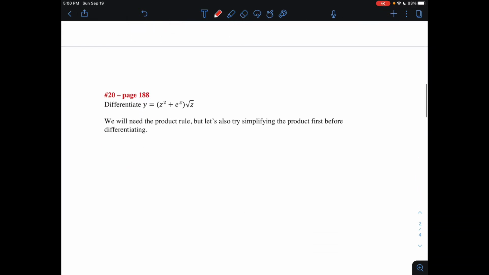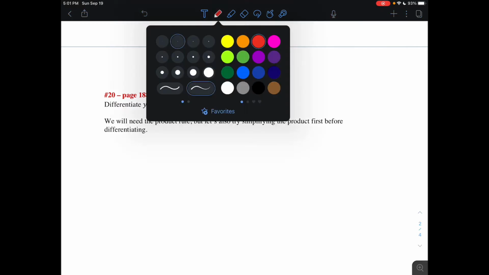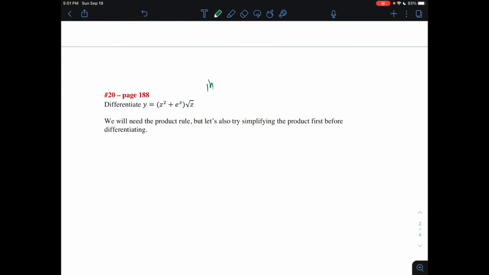So let's see how this works just in one example. Number 20 on page 188. Here we want to differentiate the function y equal quantity z squared plus e to the z times the square root of z. So we have a product, but let's also note that the independent variable this time is z.